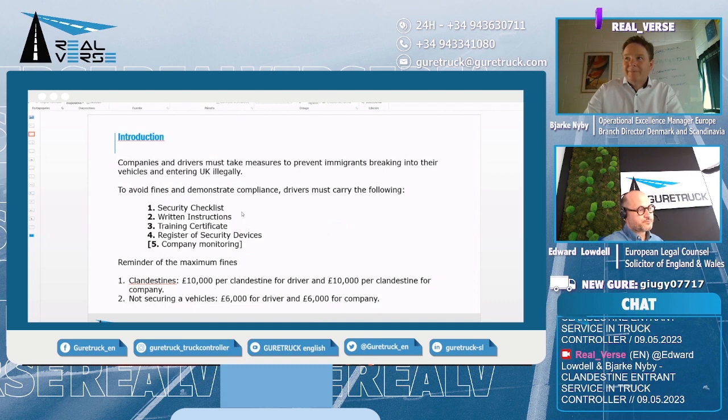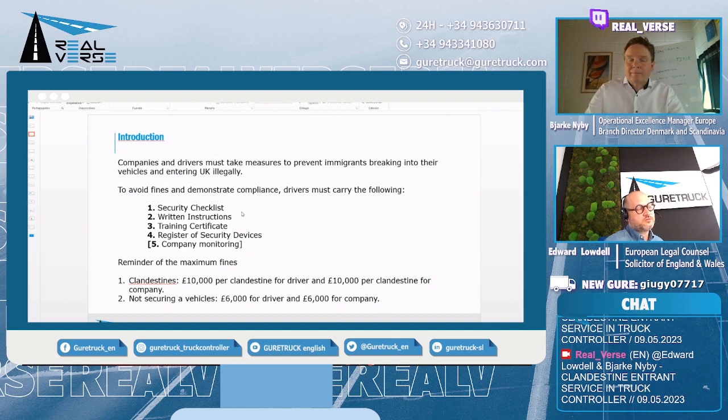As a refresher, on the 13th of February 2023, this year, the UK government changed the policy on clandestine fines, increasing the standard fines for carrying clandestines and introducing a new fine for not securing a vehicle. So the maximum fine for clandestines is £10,000 per clandestine for the driver and £10,000 per clandestine for the company. And remember that companies are jointly and severally liable, so the company is responsible here for a liability of £20,000.